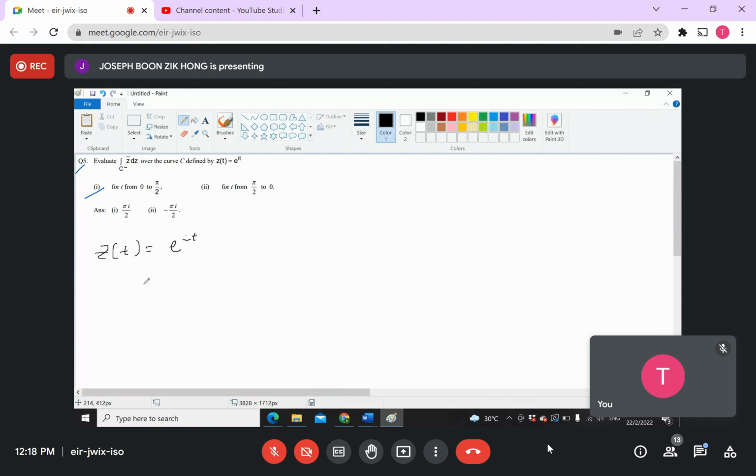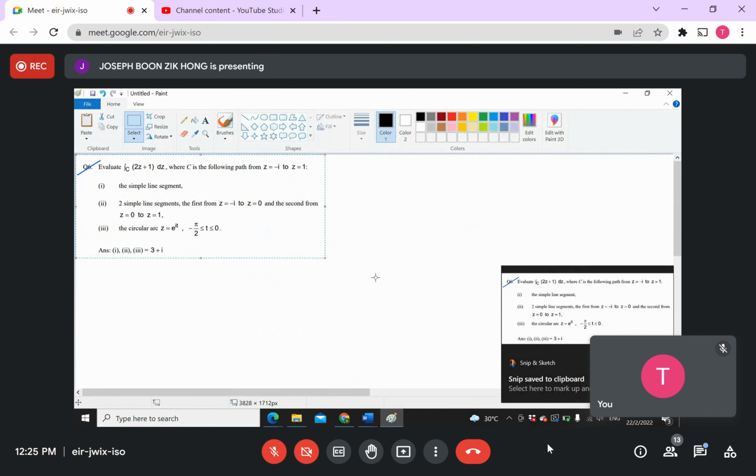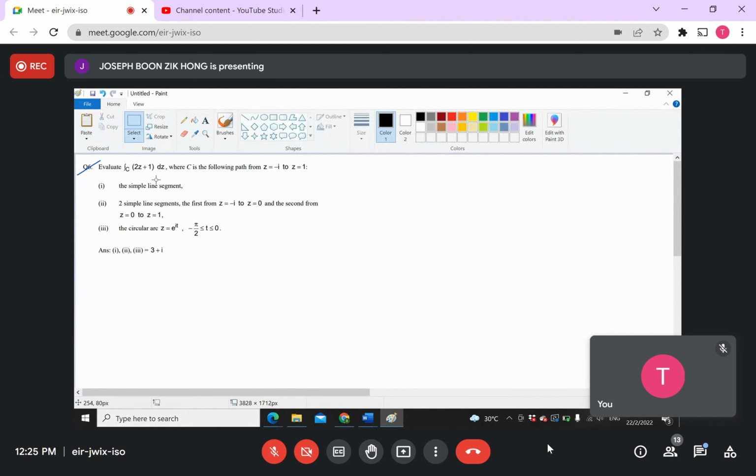Okay. So number 6, evaluate this one. The integral of 2z plus 1 dz, where c is the following path, z from negative i to 1.